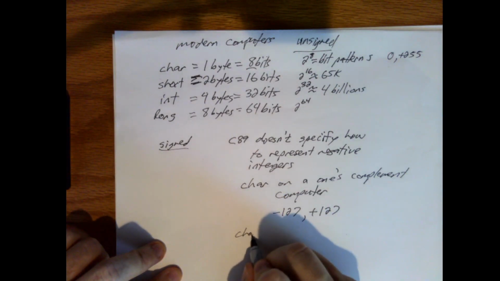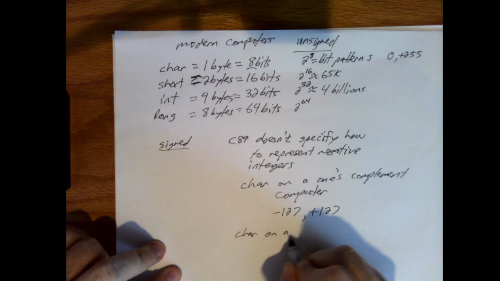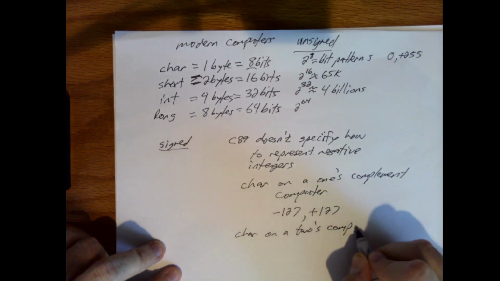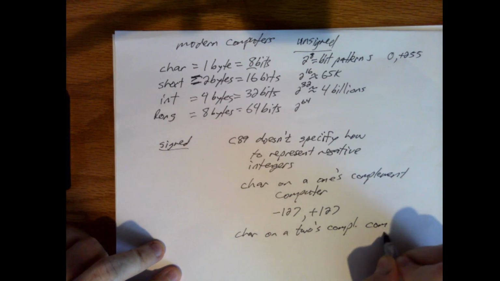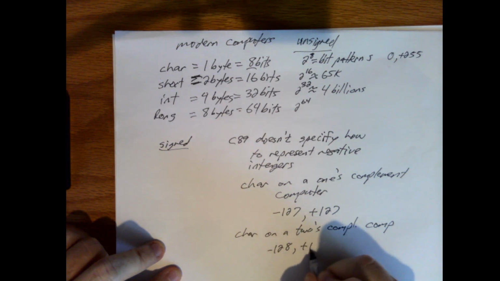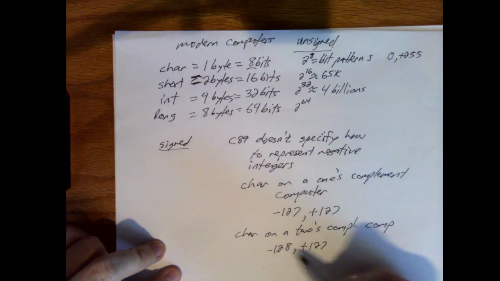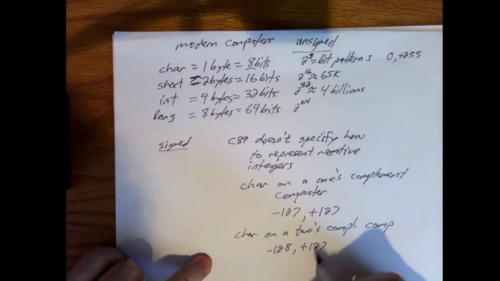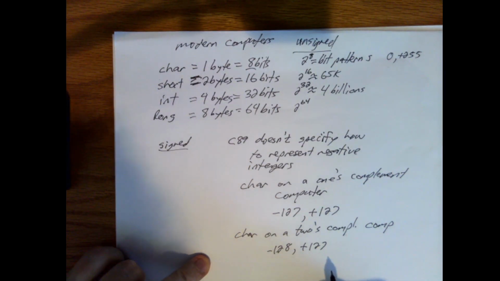So a char on a 2's complement computer can represent minus 128 up to positive 127. These still add up to 256, which is my 2 to the 8th number of bit patterns. But this is the range of values.